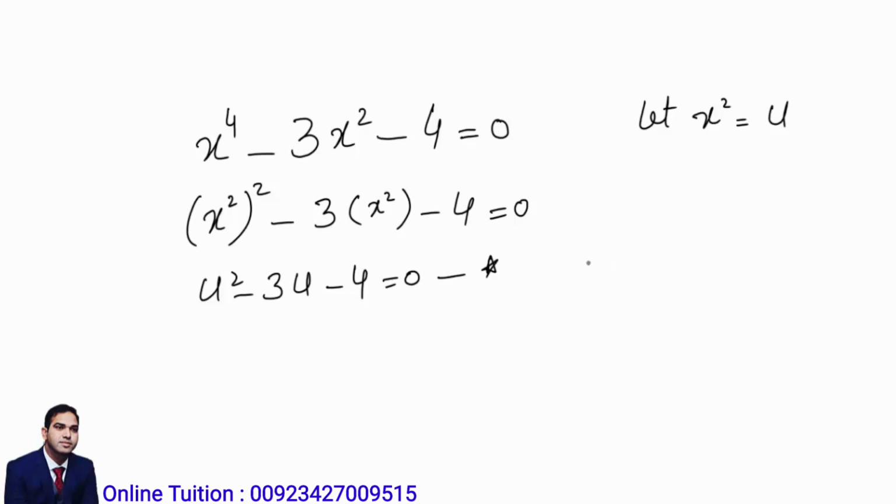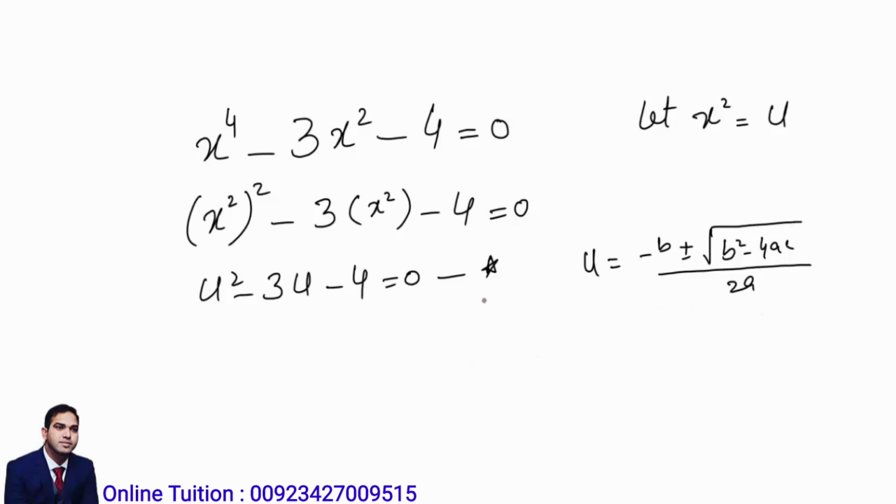We have a formula: u is equal to negative b plus minus square root of b square minus 4ac, divided by 2a. This is the formula, and you can also solve this question with the help of factorization. If the question asks to solve with the help of factorization, then you can use factorization, otherwise you can use the formula or factorization.